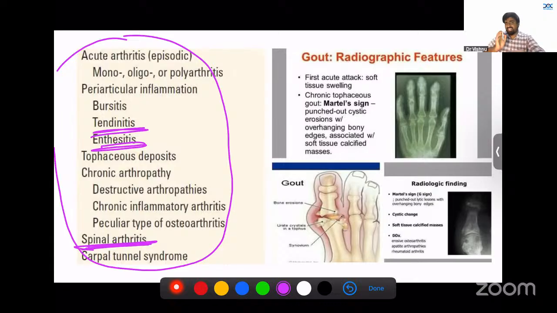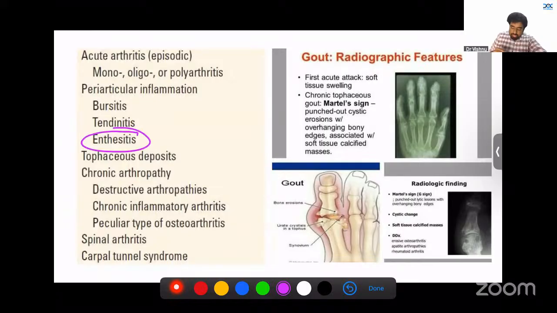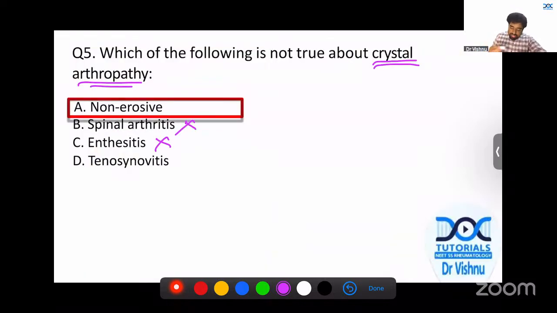Tendinitis is common, but enthesitis is not very common. Inflammation does occur in the enthesial areas because of the crystal deposition, but it's not usually described as enthesitis in literature. Still, Harrison says you can call it enthesitis because essentially there's inflammation happening, but it's an indirect inflammation, right? So enthesitis is there, spinal arthritis is there, so you cannot mark this.